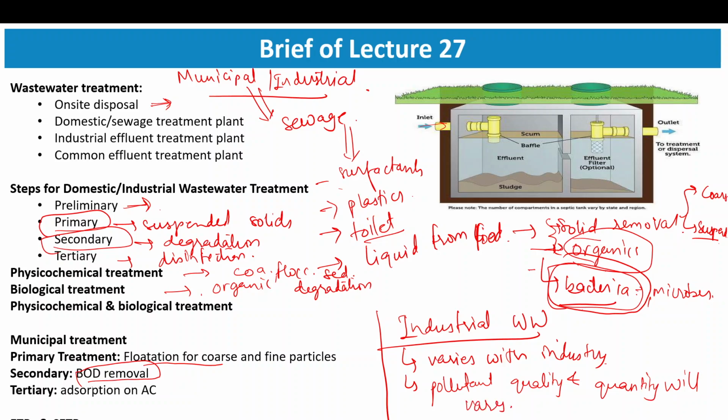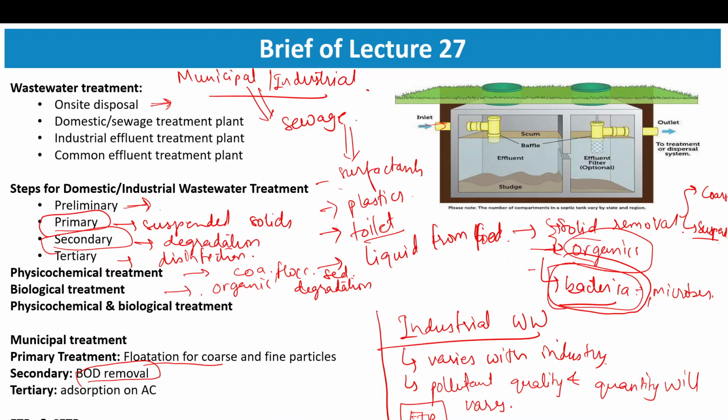Many bigger industries, for example Reliance, will have their own treatment plant for wastewater, which is nothing but an effluent treatment plant. They treat the polluted water, and they try to recycle that water and reuse it.